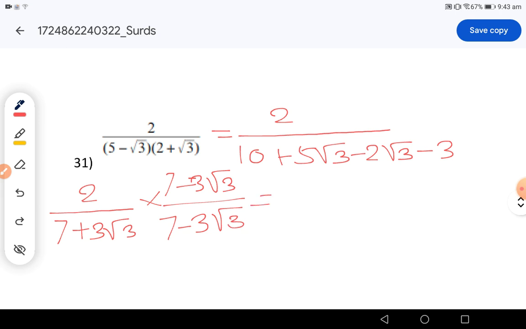So 2 into 7 minus 3 root 3 by 7 squared, 49, and minus 9 into 3, 27.